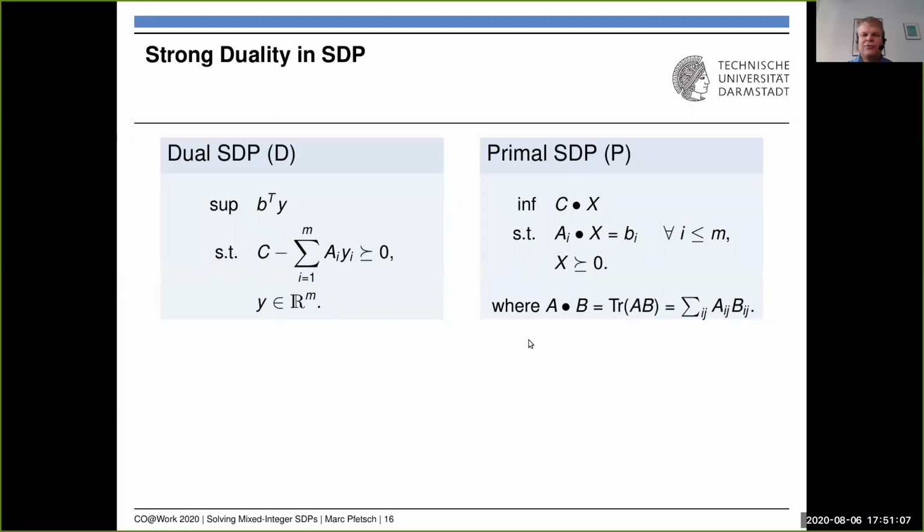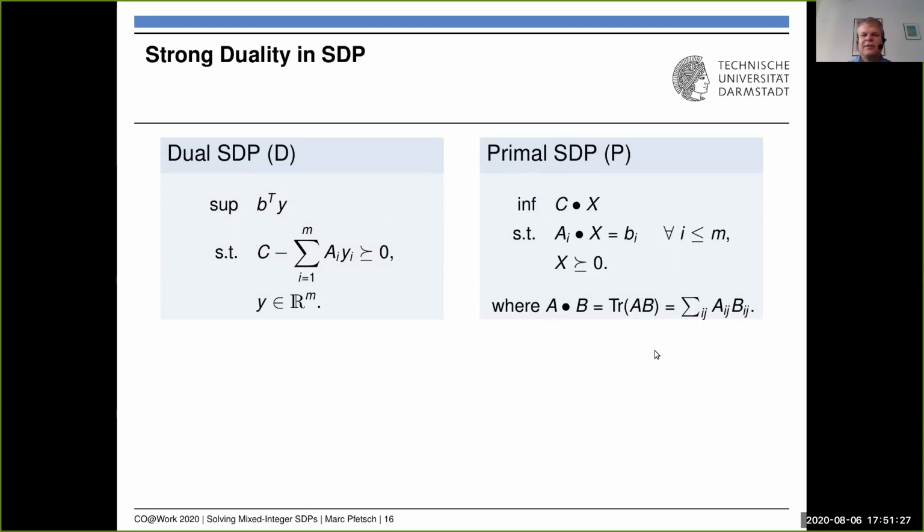And the corresponding dual problem, the primal, looks like this here. It's very similar to LP duality. So if we are maximizing here, we are minimizing there. The objective is to minimize this product here. It's an inner product of the matrix C with a matrix X, and it's written down here.